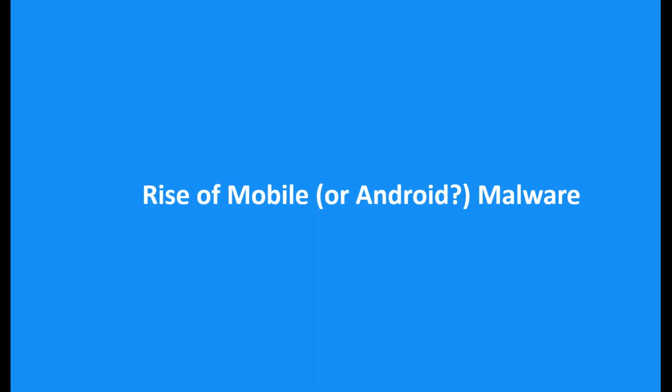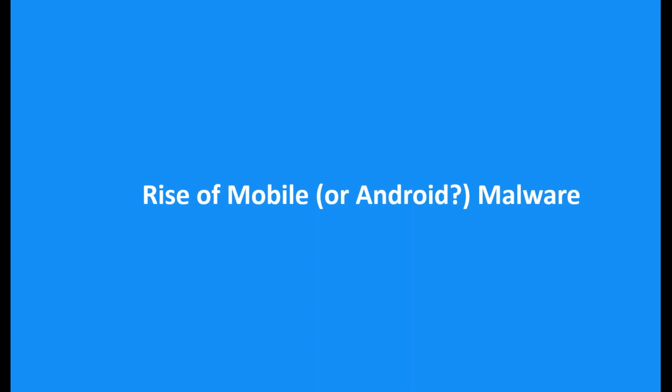Actually, the story and the era of Android malware began in 2010. The very first piece of Android malware appeared 8 years ago. In the very beginning, the vast majority of Android malware was pretty much primitive, but from year to year it has started to evolve.